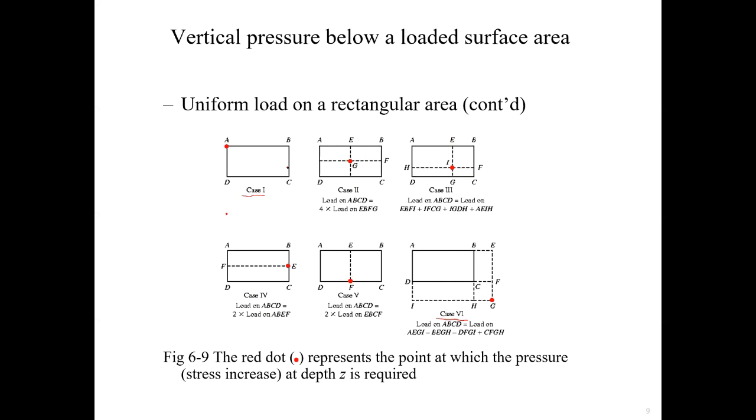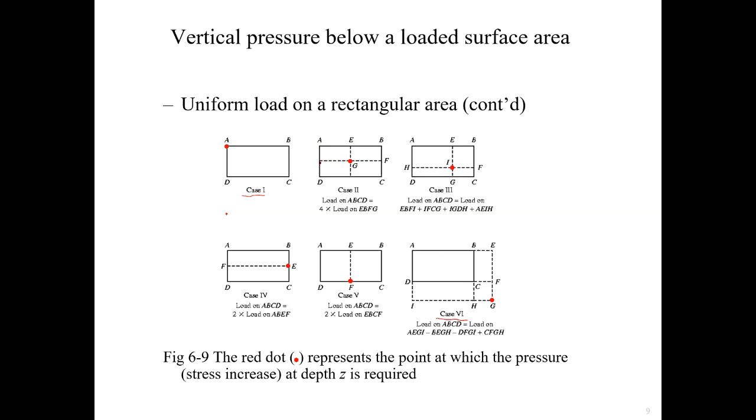For the first case, the point is at one corner, so we can work out the stress increase straight away according to Fadum's design chart. Case 2, the point is at the center of the rectangle. But be aware that for using the Fadum design chart, this point has to be one corner of the rectangle.